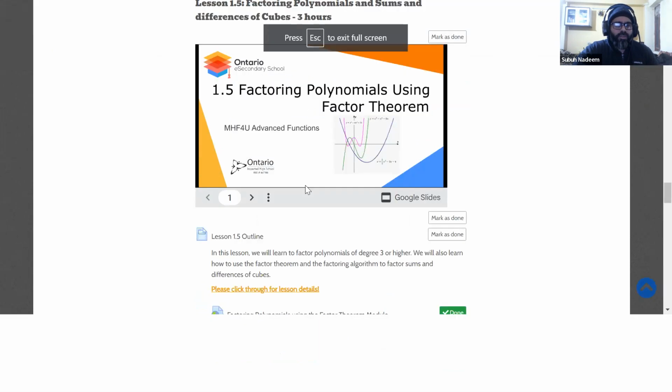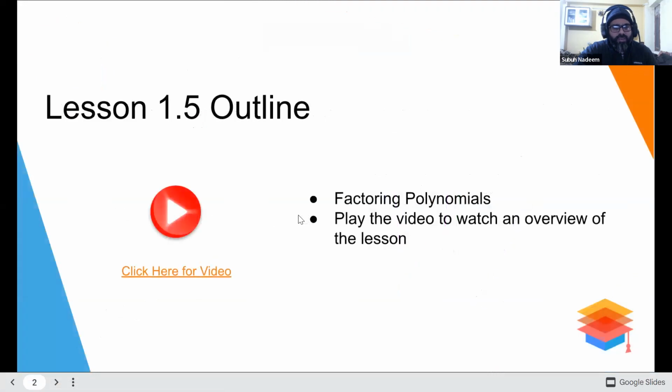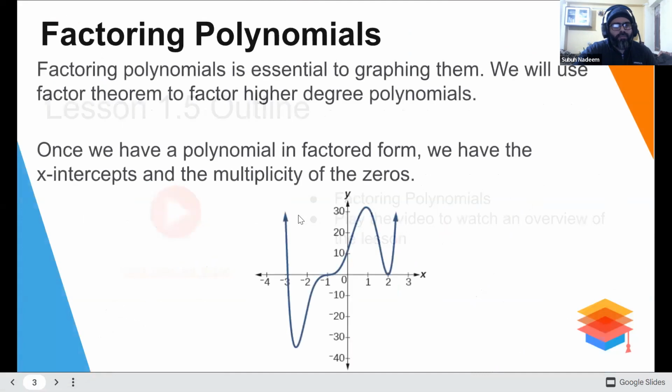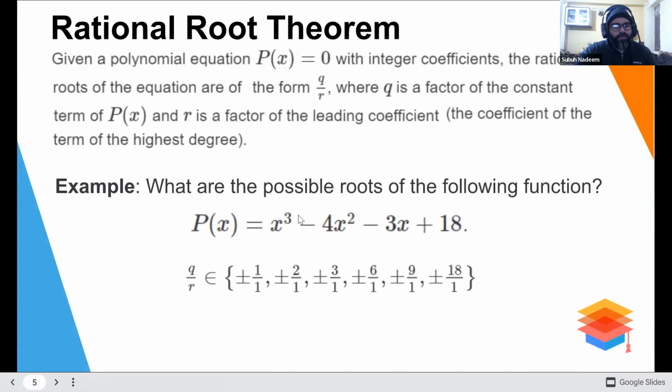Factoring. Okay, this is another topic. This is not related to graphs. Factoring polynomials. This is another topic altogether.